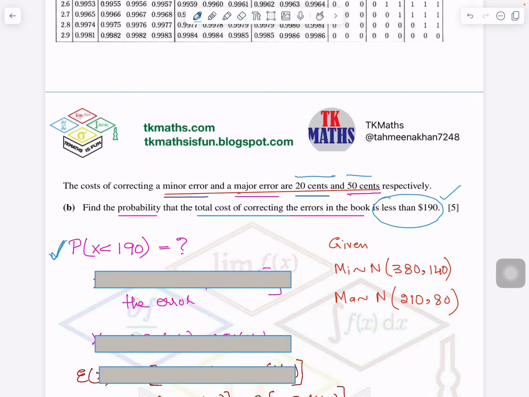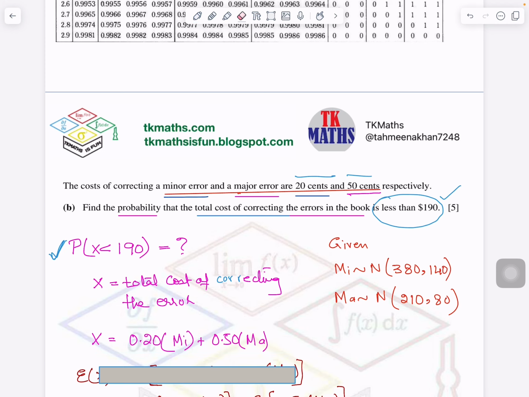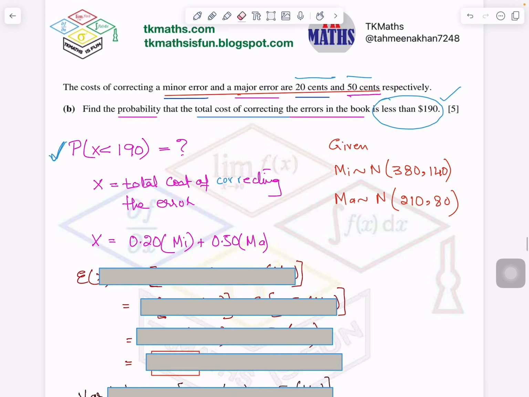So first of all, we need to find the new distribution. What is the new distribution for the total cost of error? I'm representing the total cost of correcting the errors by X. Like you all know, the number of errors multiplied by the cost for each will give you the total cost.